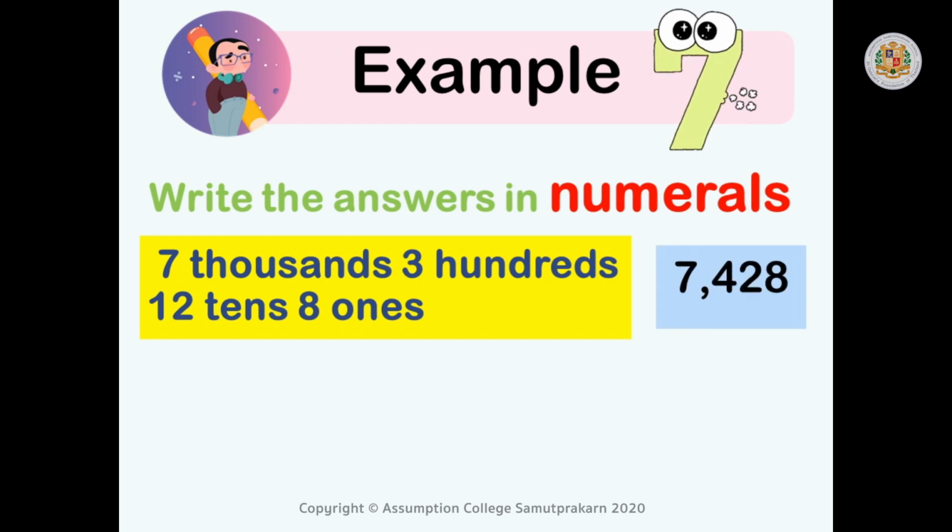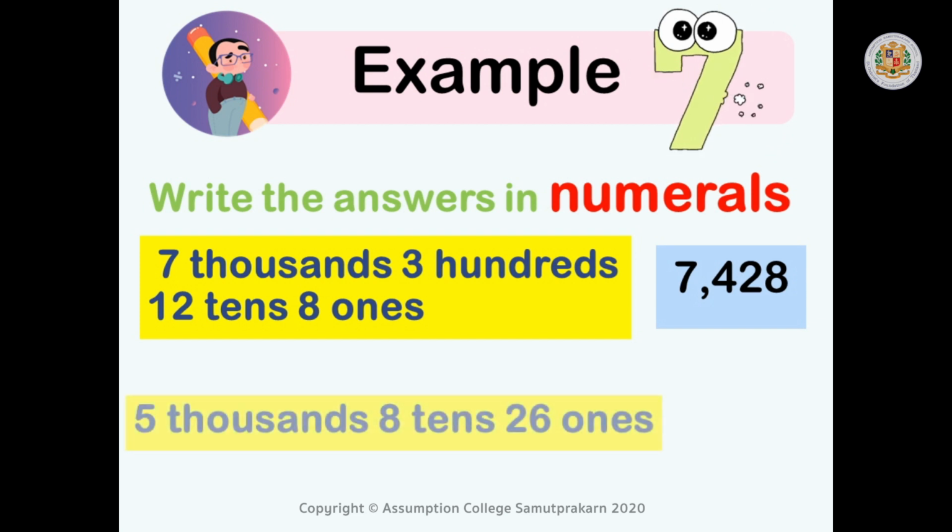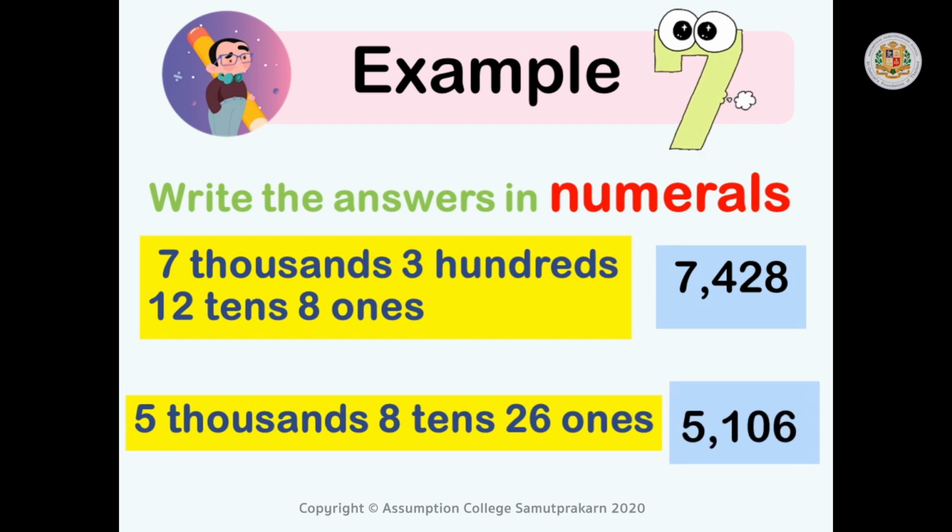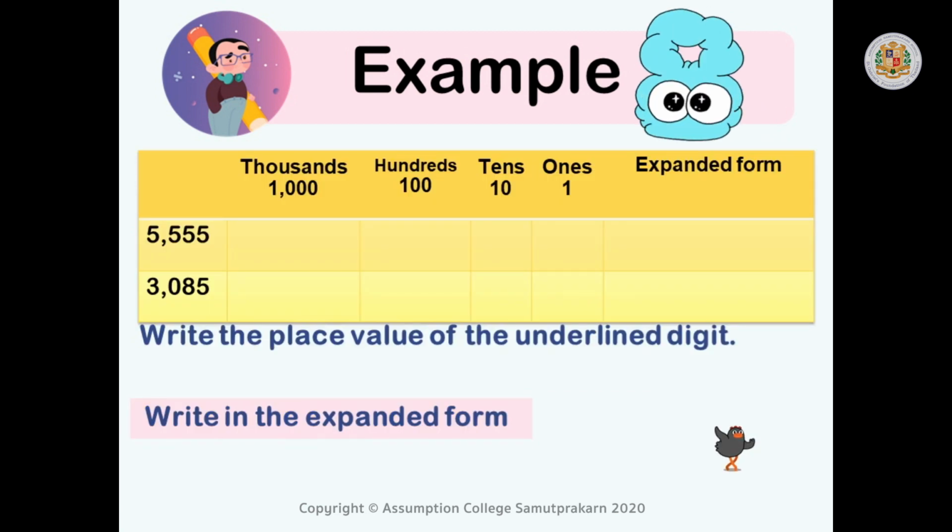Next, example. 5 thousandths, 8 tenths, and 26 ones. Check your answer. Example number 8.